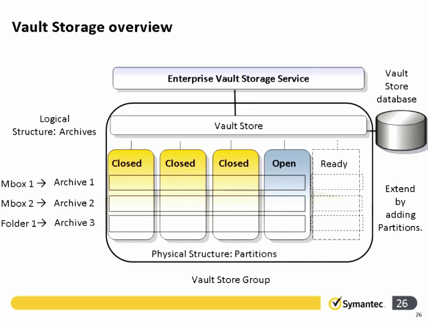A particular archive can span multiple partitions, and that's what we're trying to show here: mailbox 1, 2, and 3, which are archived to archive 1, 2, and 3, are spanning the 3 closed partitions, and the currently active items are being stored in the open partition for those 3 different archives. We'll come back and talk in more detail about the state of the partitions, closed, open, and ready, a little bit later in this lesson.